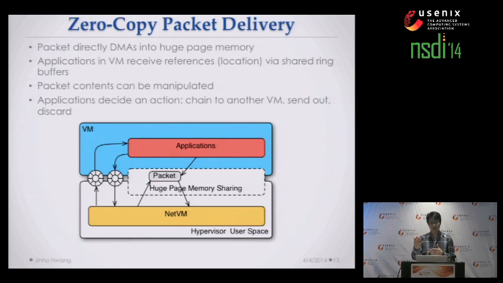Once the packet is handled on the application side, the application can decide what to do after they process the packet. The actions are to chain to another virtual machine that you want to process it further in different functions, or you can send that packet out by changing the header, or you can discard the packet in the system. Okay, so all these actions are provided to the applications to decide what to do after the packet is processed.